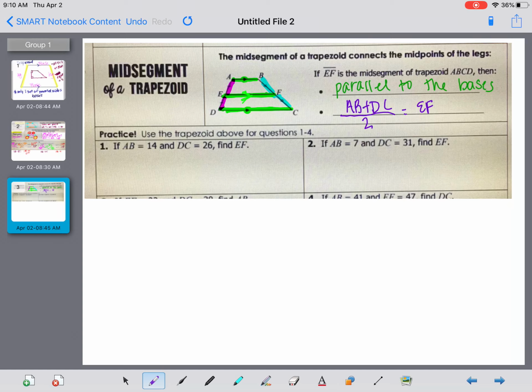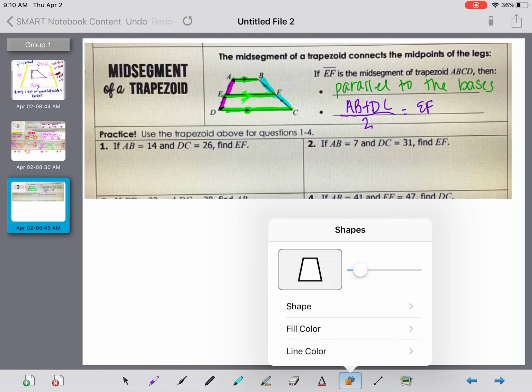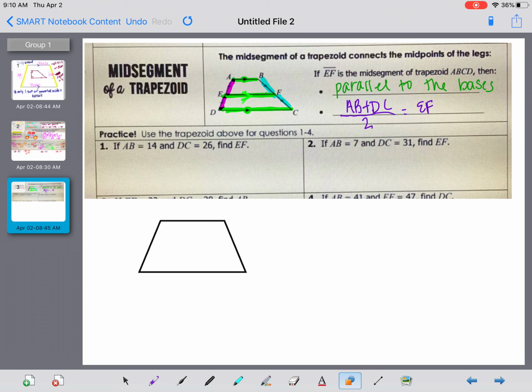All right, now let's talk about how we can figure out some of these problems. So in this first one here, it gives us that AB is 14 and DC is 26, and it asks us to find EF. So I'm going to draw a little trapezoid here, and I'm going to draw its midsegment right there.